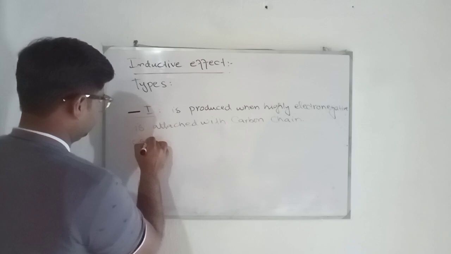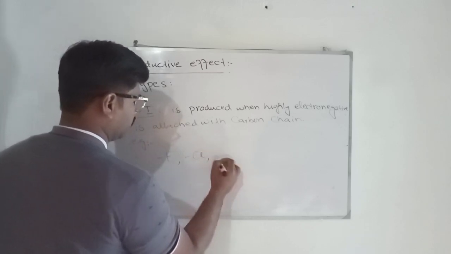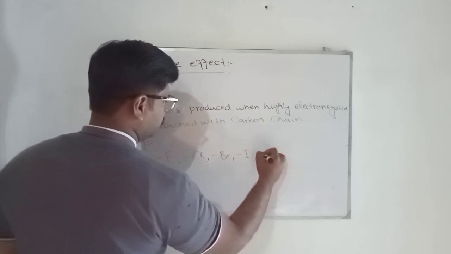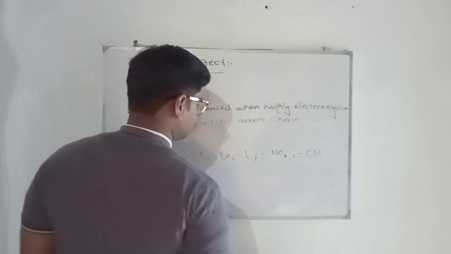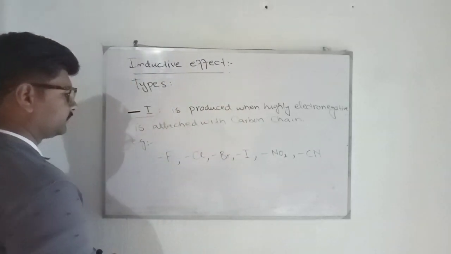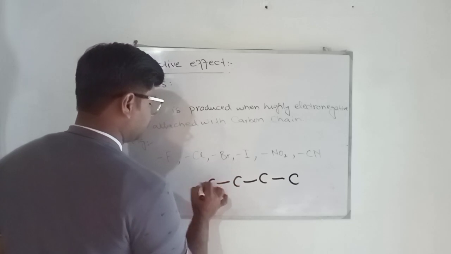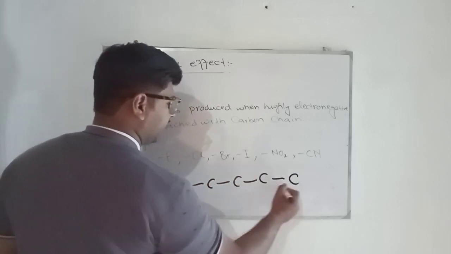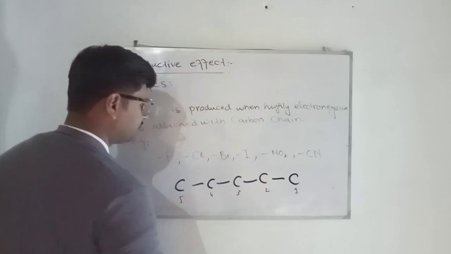For example, we have fluoro group, chloro group, bromo, iodo, nitro group, or cyano group. Carbon chain of 5 carbon atoms labeled as 1, 2, 3, 4, and 5.